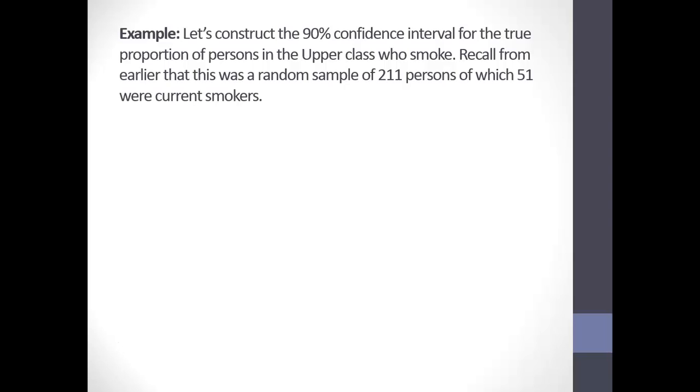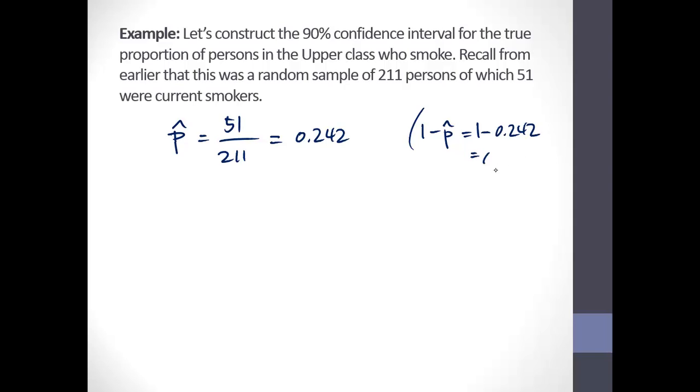So conditions are good. We're ready to do some calculations. Let's first figure out our estimate, p hat. We have 51 smokers out of 211 upper class folks, which is 0.242. Let's note that 1 minus p hat is 1 minus 0.242, which is 0.758.